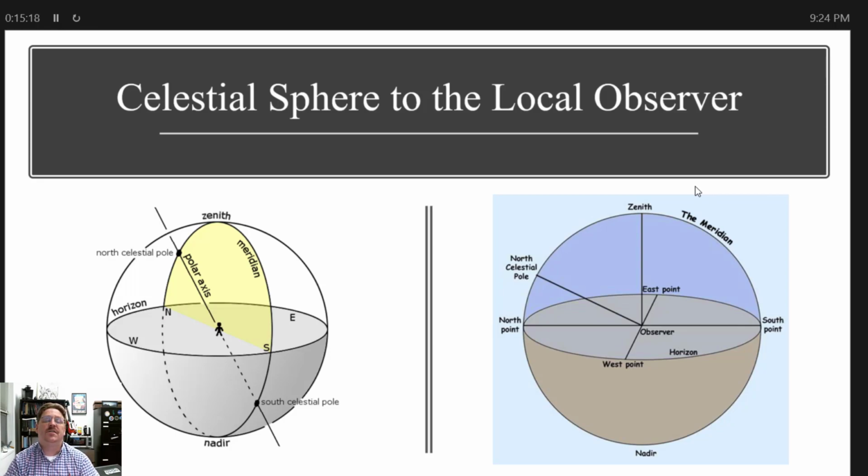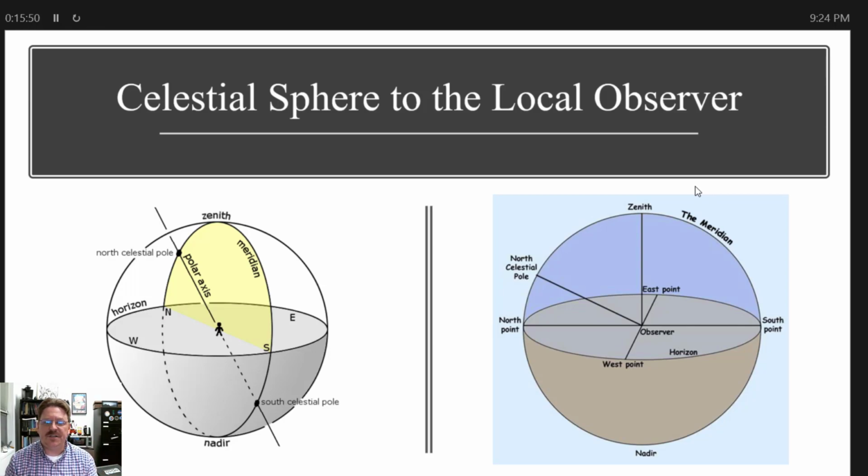As time moves on and the star rises, its Alt-Az coordinates are constantly changing. And so the celestial sphere allows us to define a coordinate system that fixes both of these problems. It allows us to create a coordinate system in which the object has the same coordinates no matter where you are on the Earth, and also no matter when you are on the Earth.